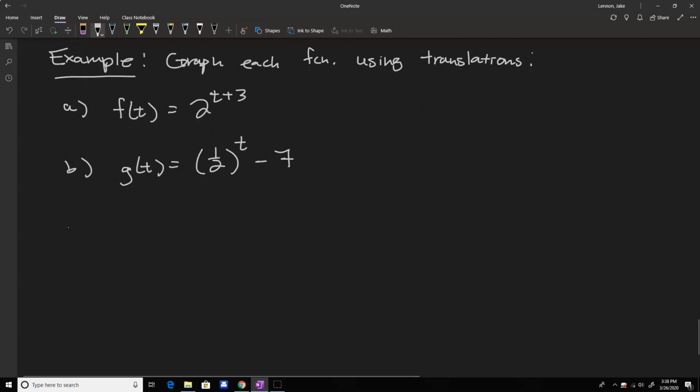And then C, let's look at maybe h of t. Let's do two translations all at once: 2 to the t minus 1, plus 3. So pause your video, think about what's going on here, what translations are taking place to the two graphs we drew.